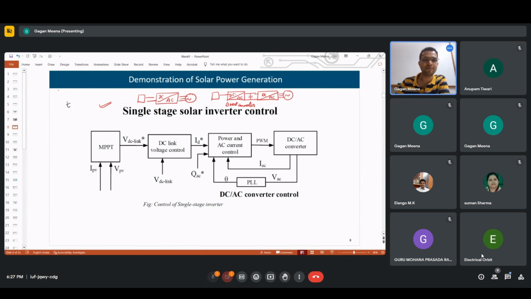Here we have more switches and more conversion stages, so efficiency will be less. Losses are more because of more conduction losses, more switches, more switching losses, and that is why earlier converters were two stage. Later we shifted to this single stage. So these are the single stage inverters.